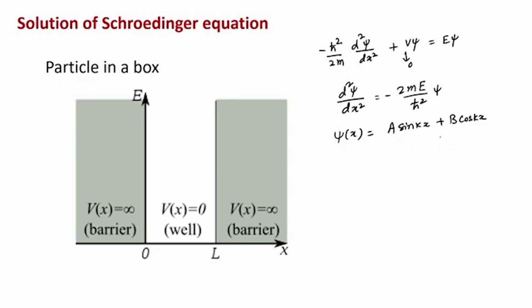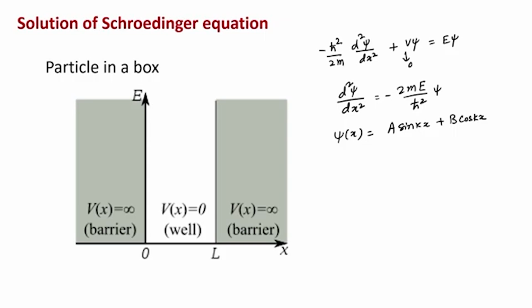Sine is a solution, cosine is a solution, and because it is a second order linear differential equation, we can linearly superpose these two solutions to bring out a new solution, A sin kx plus B cos kx, and that is the general solution for the problem.